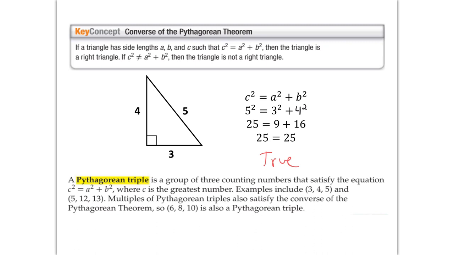So notice here I have a 6, 8, and 10. Those are multiples of 3, 4, and 5. 3 times 2 is 6, 4 times 2 is 8, 5 times 2 is 10. So those are multiples of those triples, so they're also going to make a right triangle.